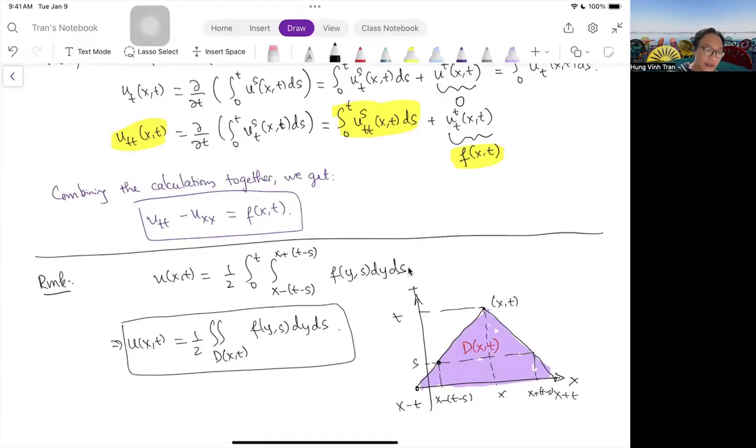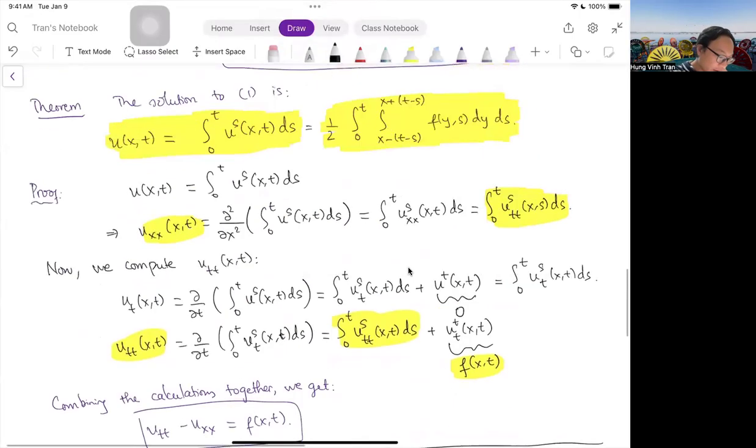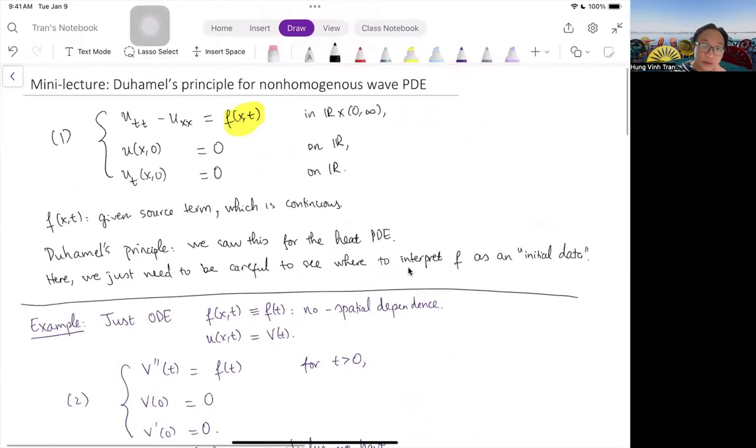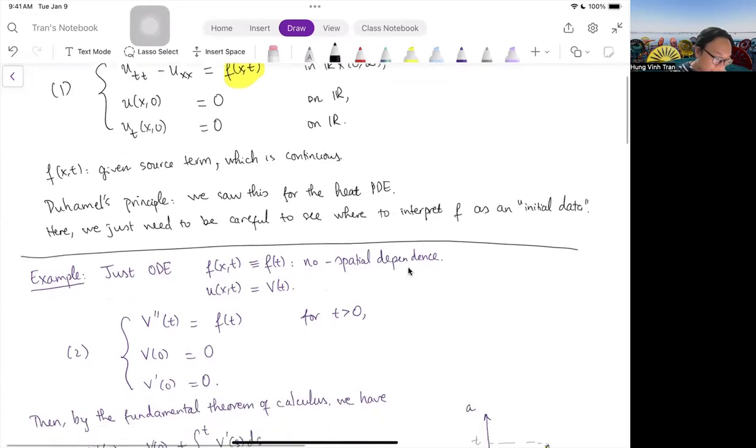Okay, so we are done with using the Duhamel principle for the non-homogeneous wave equation. So you start with the non-homogeneous wave equation, and you try to interpret the source term as the initial data of the velocity u_t.